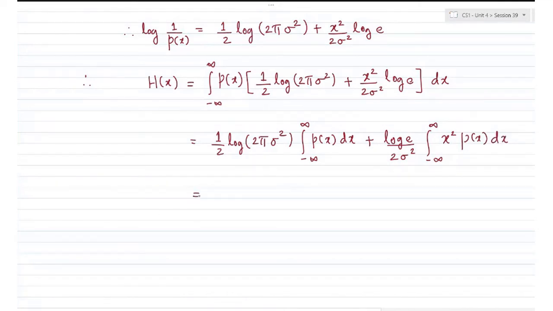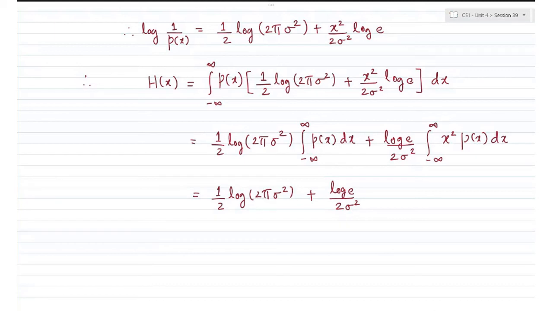We know that the area under the curve of the probability density function is unity, and we can write this as half log of 2 pi sigma square plus log e over 2 sigma square, and we know that this is the definition of your mean square value. Mean square, or sigma square, we have defined as the integral of x square p of x dx.